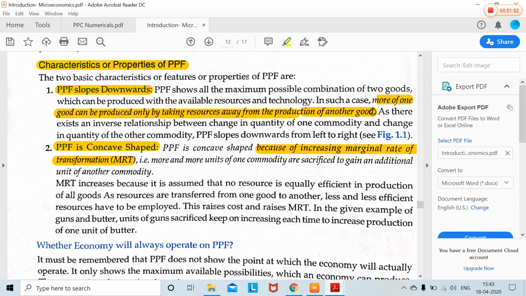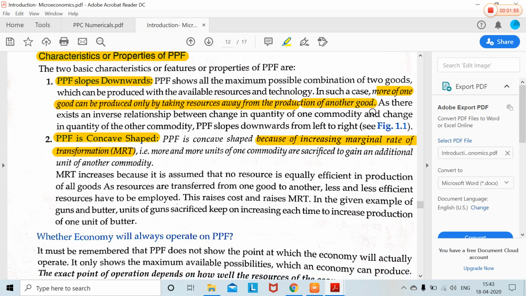And the second property we discussed was that PPC is concave shaped. Downward sloping can be a straight line, can be convex, can be concave. I showed you in the last class. And why does PPC turn out to be concave? Because though we are reducing the quantity of the other good if we have to produce more of one good, here basically we are reducing more and more units.